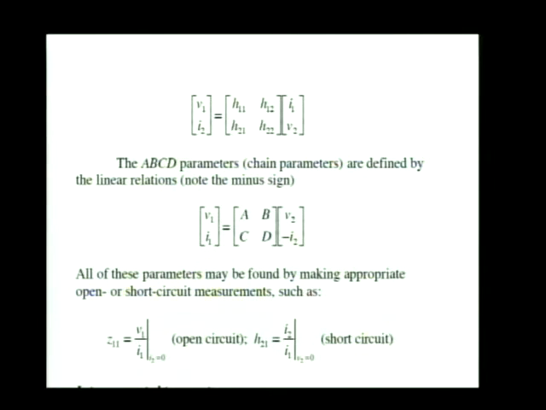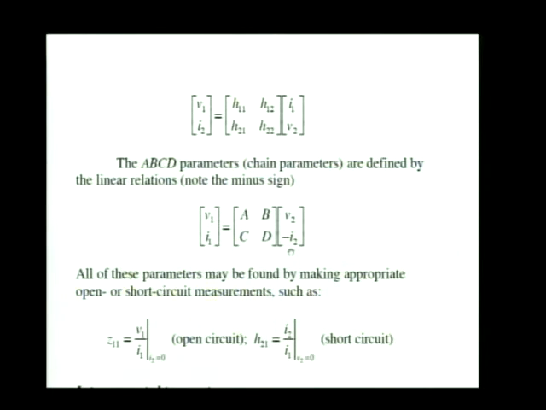And it's a useful way of relating port voltages and currents together, because it gives you voltage and current at port 1. These are all quantities on one side of the two-port device, at port 1, given in terms of the corresponding quantities at the other side of the two-port, at port 2.